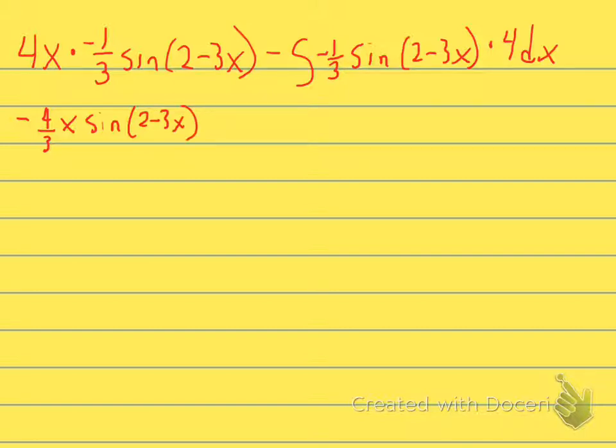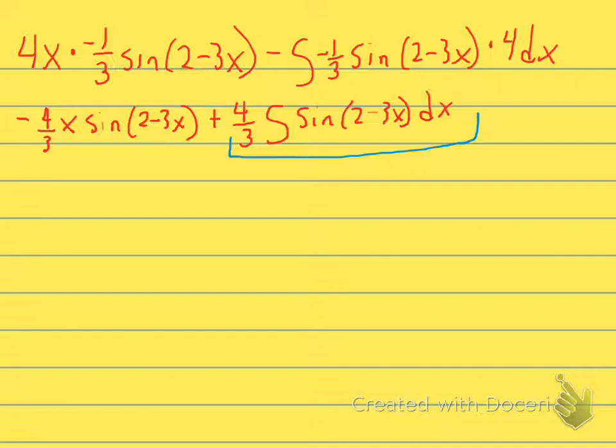This will turn into plus 4/3 the integration of sine 2 minus 3x dx. So now the only work I have left to do is to evaluate this integral right here.